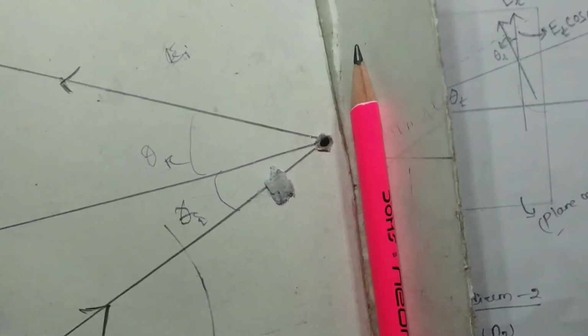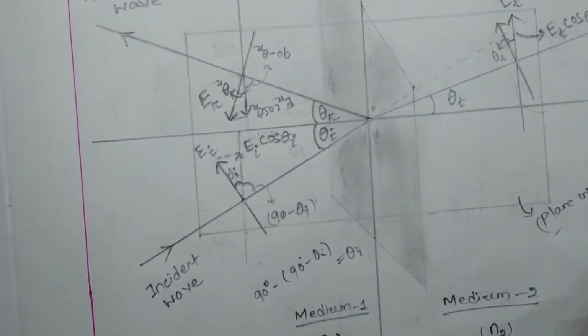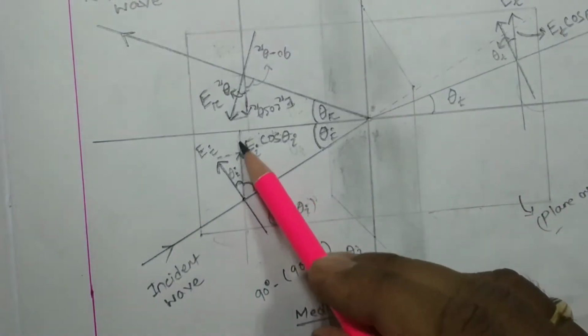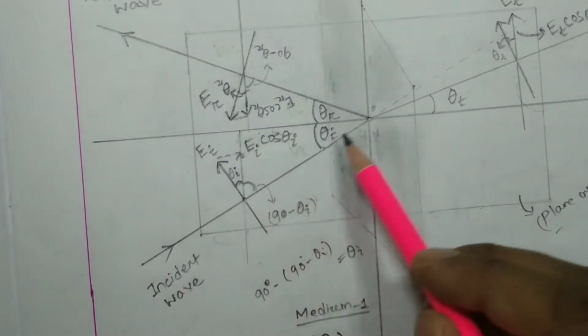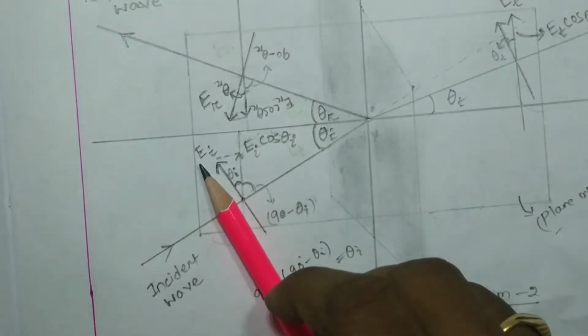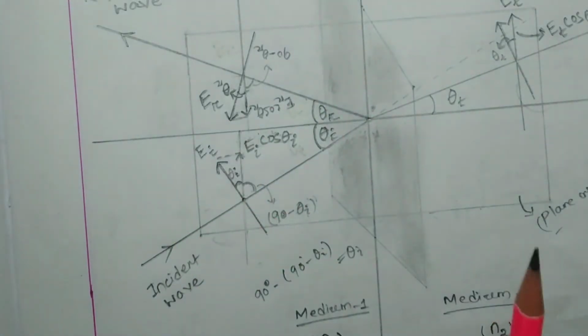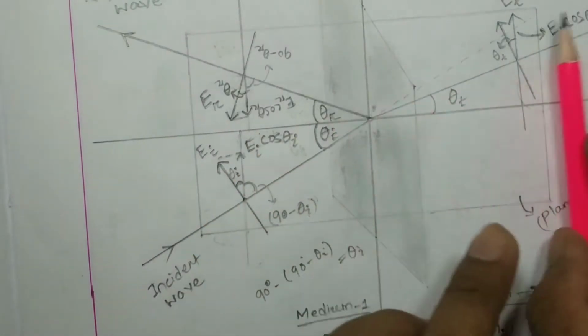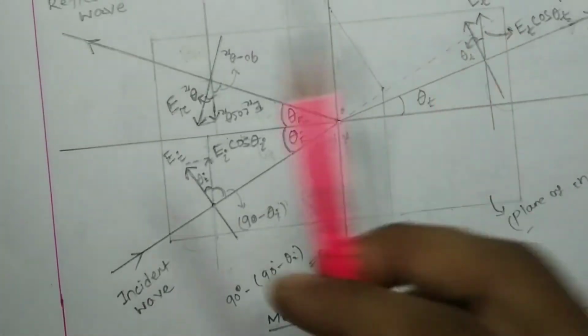Got it? So EI cos theta I will be tangential to the interface, not EI alone, unlike the perpendicular case. Whenever part of it is transmitted, it will be in the same direction.